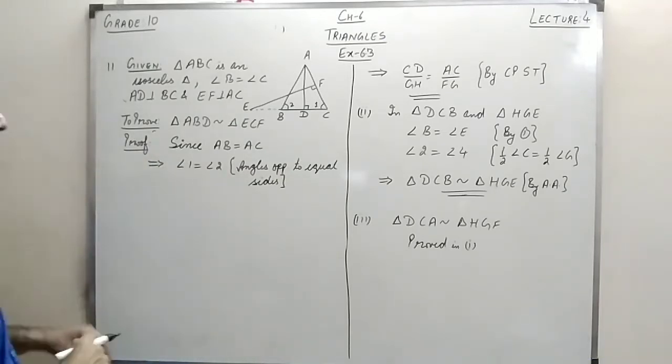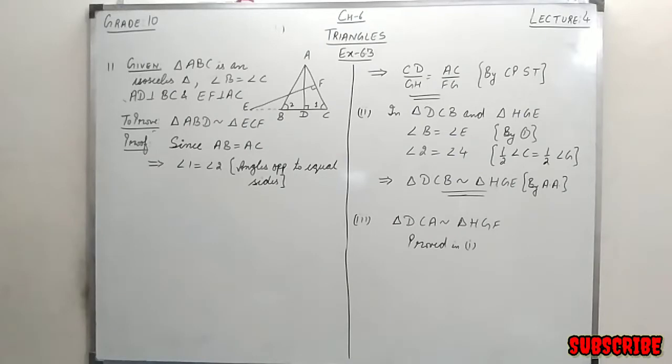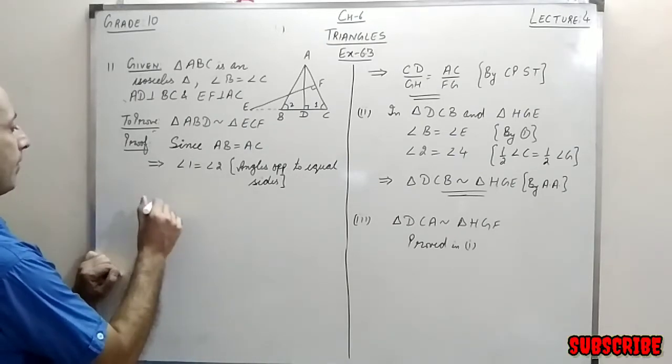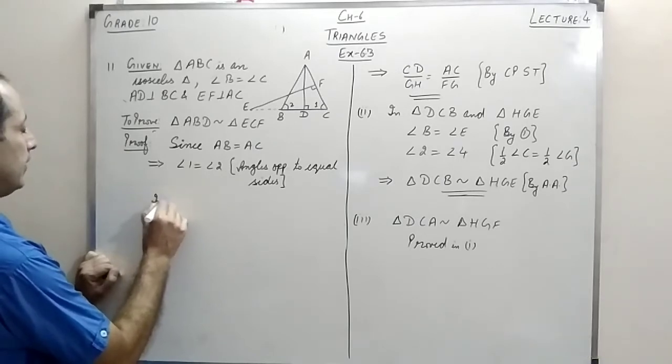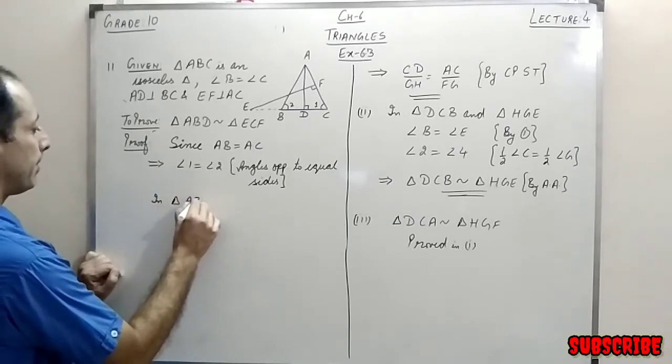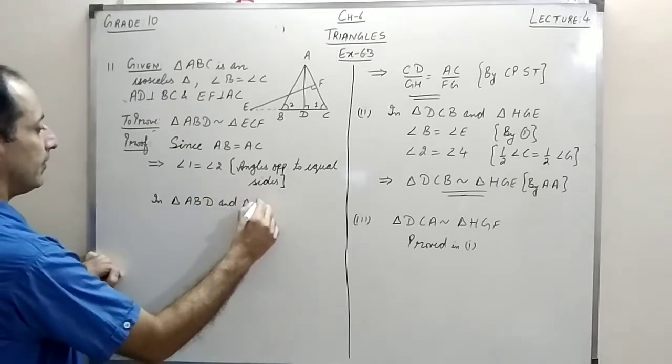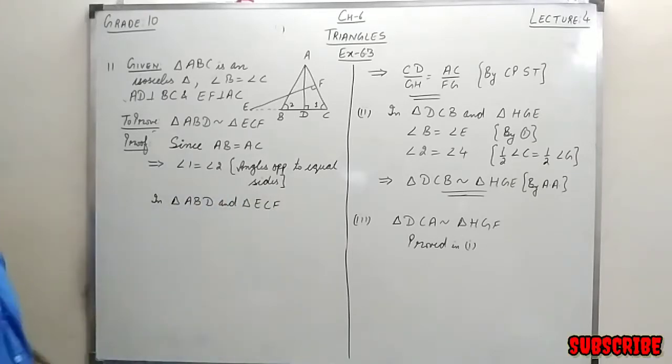Now what we have to prove? ABD and ECF. So we take, in triangle ABD and triangle ECF, obviously one of the angles is 90 degrees.